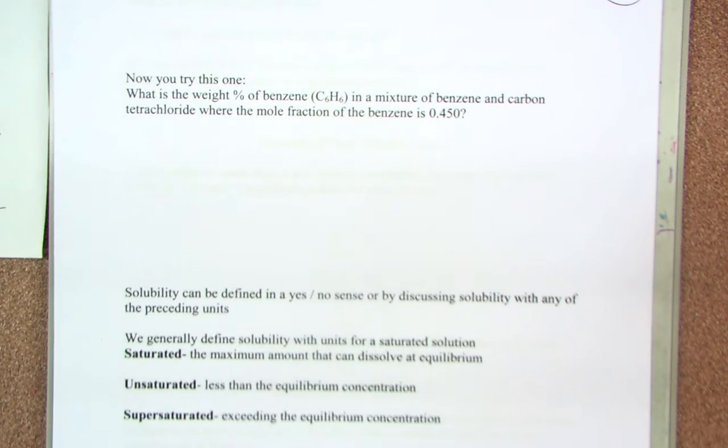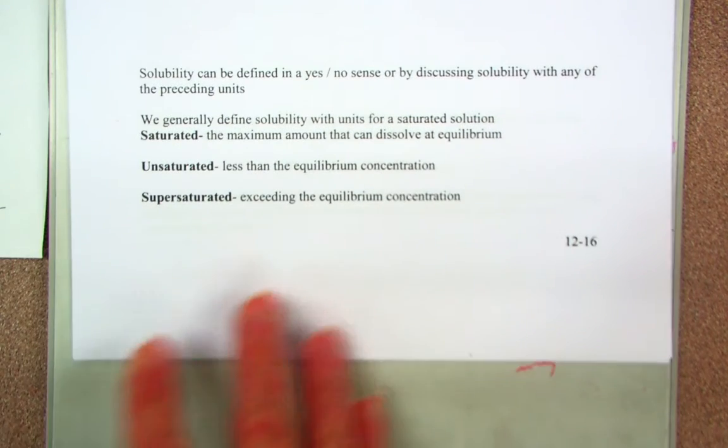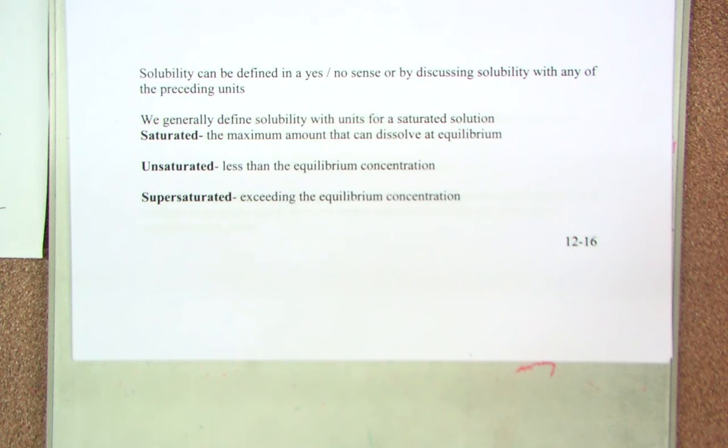So now, when we look at all of these concentration units that we've been using, we can also think about solubility in a different sort of way. We can say, does this dissolve? Yes or no. It's not soluble. You learned in your introductory chemistry classes to say this is soluble, this is not.